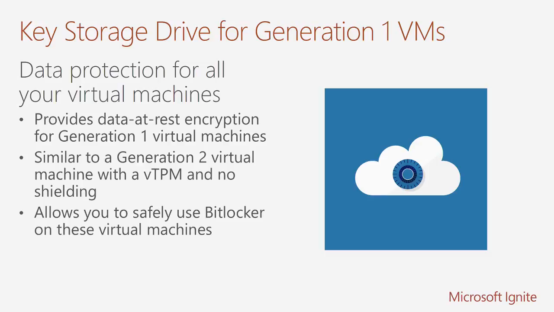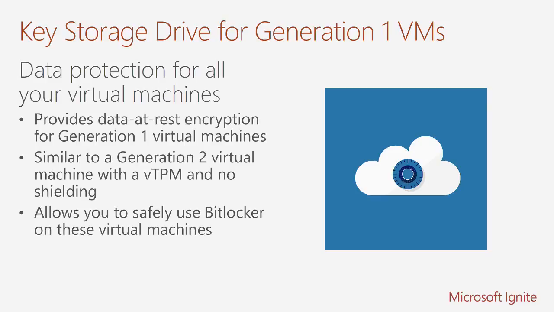But as we were going through the beta program and working with early customers, we had a number of customers who came back and said, hey, I have older virtual machines that don't run in Generation 2. They're Windows Server 2008 R2. And I still have an industry requirement to encrypt the data on that.